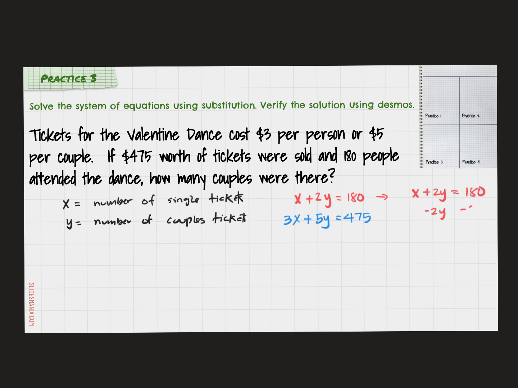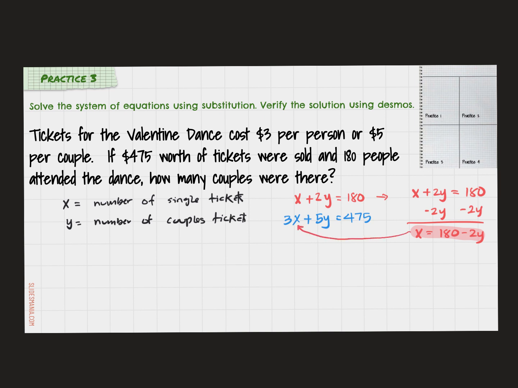Subtract 2y on both sides, and I end up with x is equal to 180 minus 2y. So if I was to ask you what does x equal, as of right now, you can tell me x equals 180 minus 2y. So I am going to substitute this value for x in this equation.